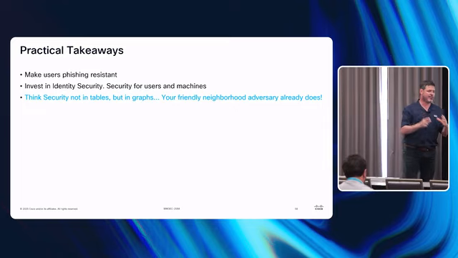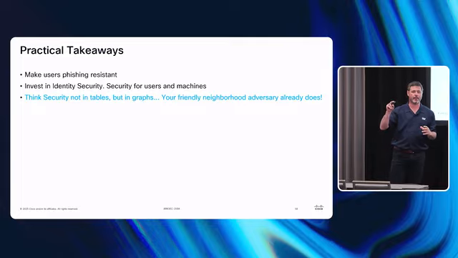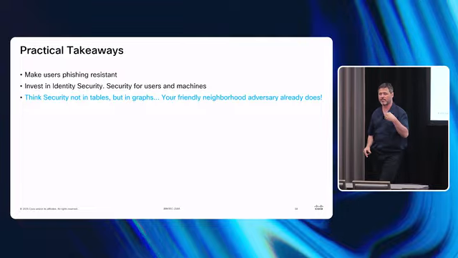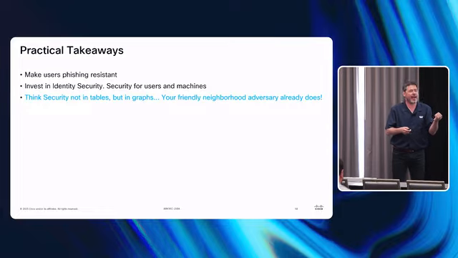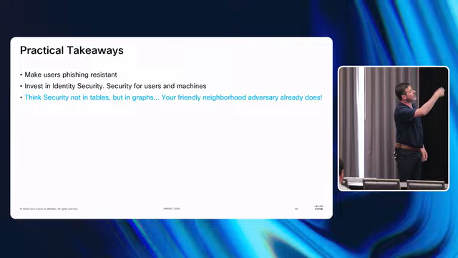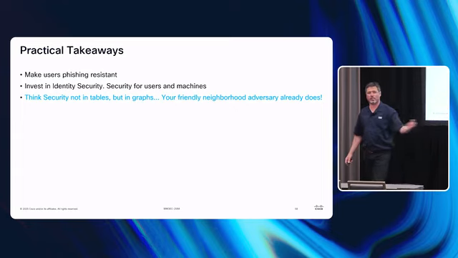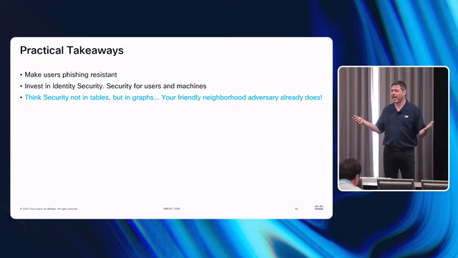But please invest, and this goes especially to the director, C-level guys here in the room, right? Please invest in making users phishing resistant. Think about help desk. Think about these privileged identities and accounts such as admins. Help them. They need help. Invest in identity security, and don't forget machines, bots, chatbots, robots, non-human identities. I mean, they are literally everywhere.